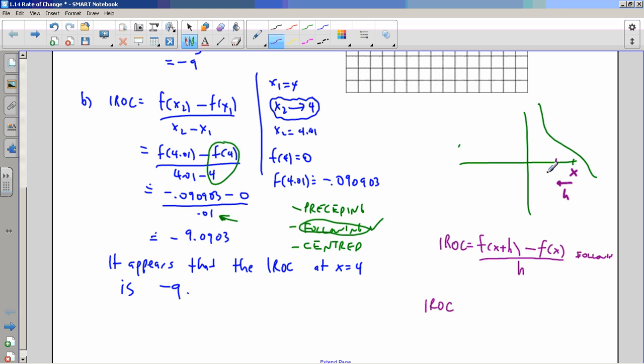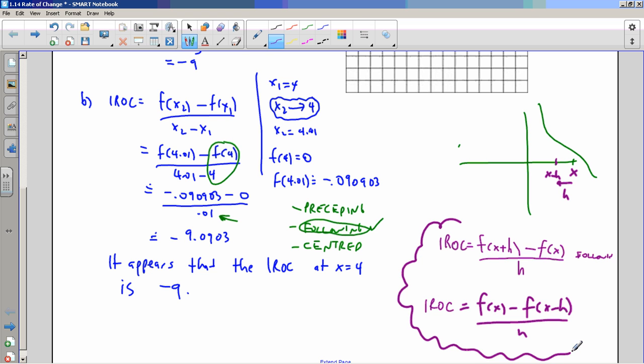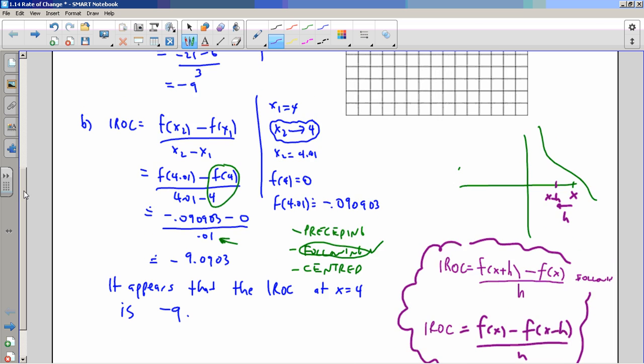Well, this is going to be x minus h, isn't it? And then my IROC calculation would be f at x subtract f at x minus h, all over h. And that's still the slope, right? That's still the slope of the tangent as h gets smaller and smaller. All right, keep that in the back of your brain. We'll actually see these formulas in action in example 3.